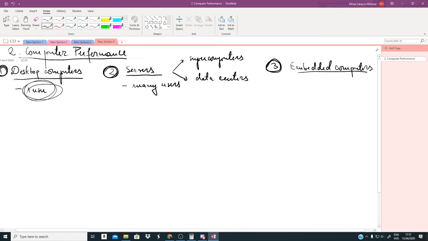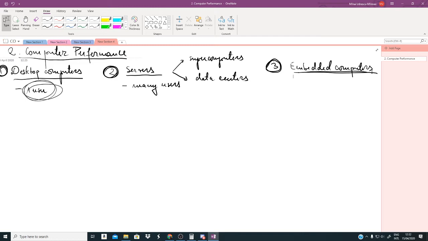And an embedded computer, I guess we already discussed this in our first lecture or something like that. So an embedded computer is a computer that is built as a component of another system.